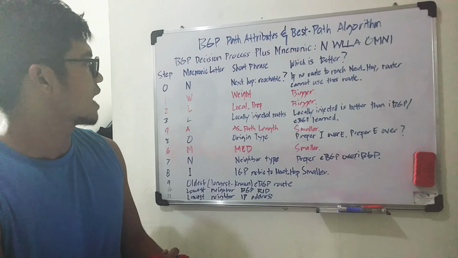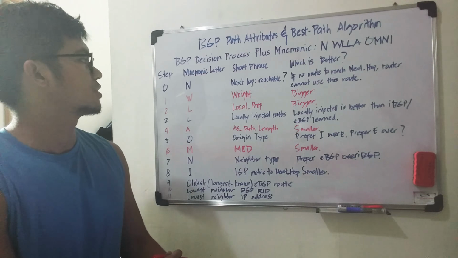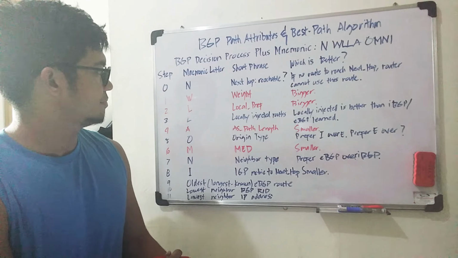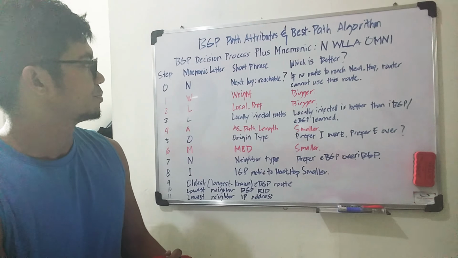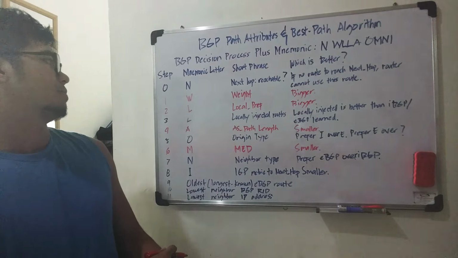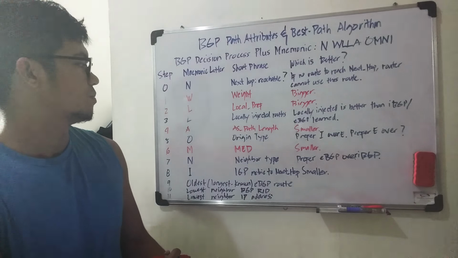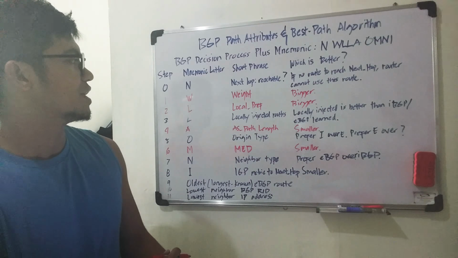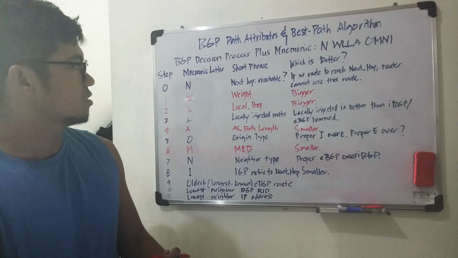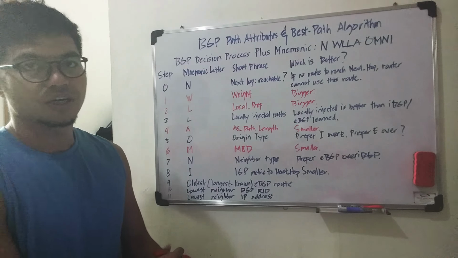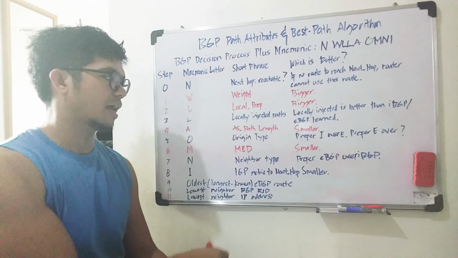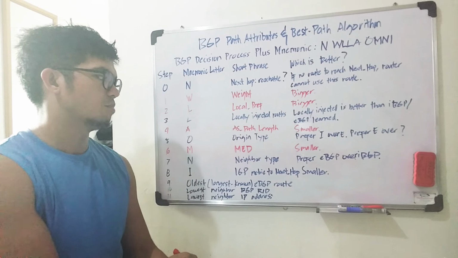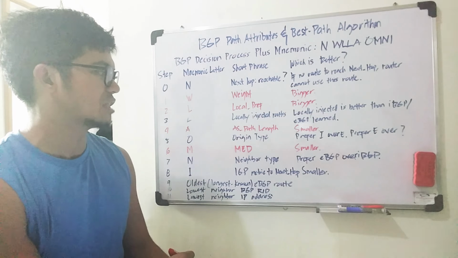This is not all the BGP path attributes, but the ones that you can manipulate are here, which are weight, local preference, AS path length, and MED, or multi-exit discriminator or metric.